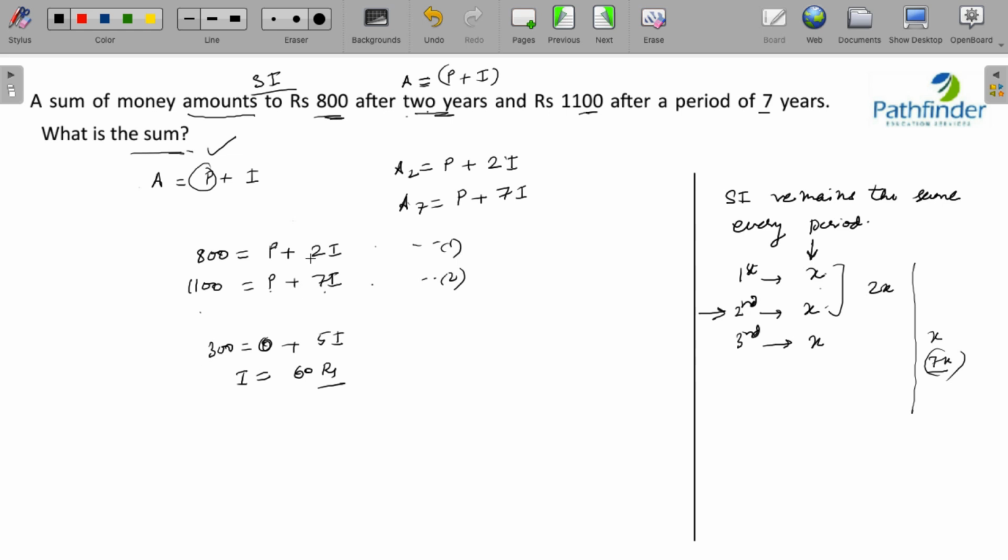Now I can put the value of I in equation 1. So you have 800 is equal to P plus 2 multiplied by 60. So 800 minus 120, that is rupees 680, which is your answer.